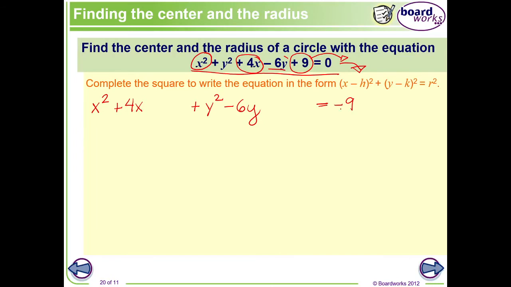So take note, after you group it according to its variable. The x squared and the x terms, group them together, the variable y, group it, and then transpose the constant to the other side. So change the sign. Again, the x squared and the 4x, you group that together, leave a space.